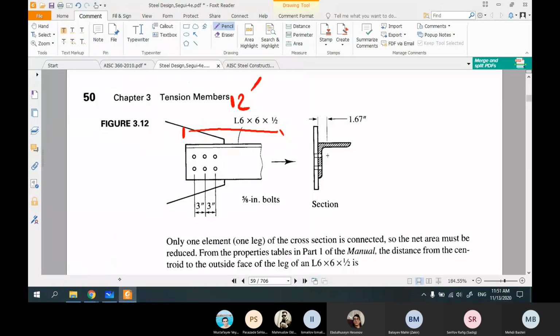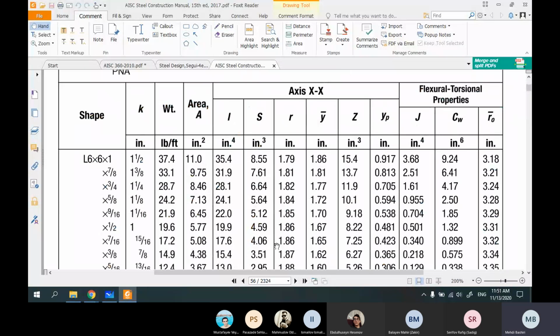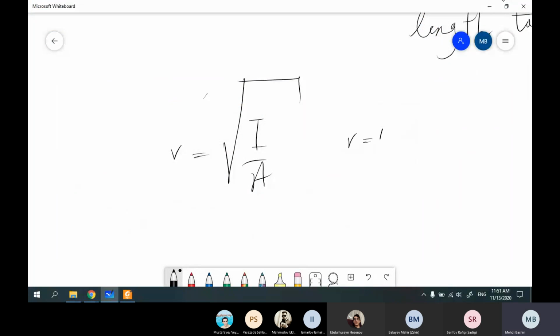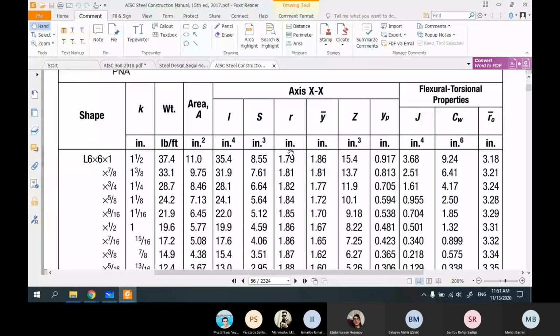Okay, from the table, R is what? 1.86. R is 1.86 and L is 12 feet. Look at the units. 1.86 what? Inch.